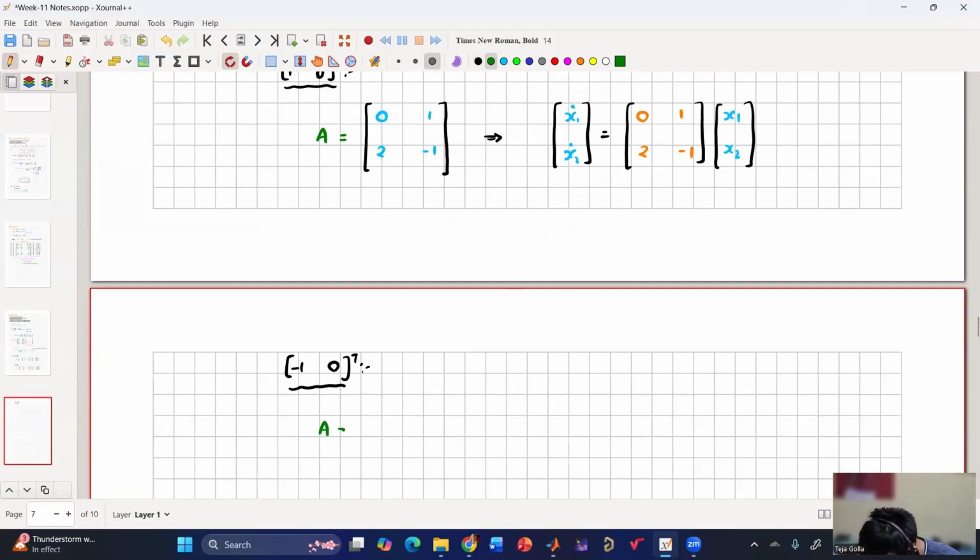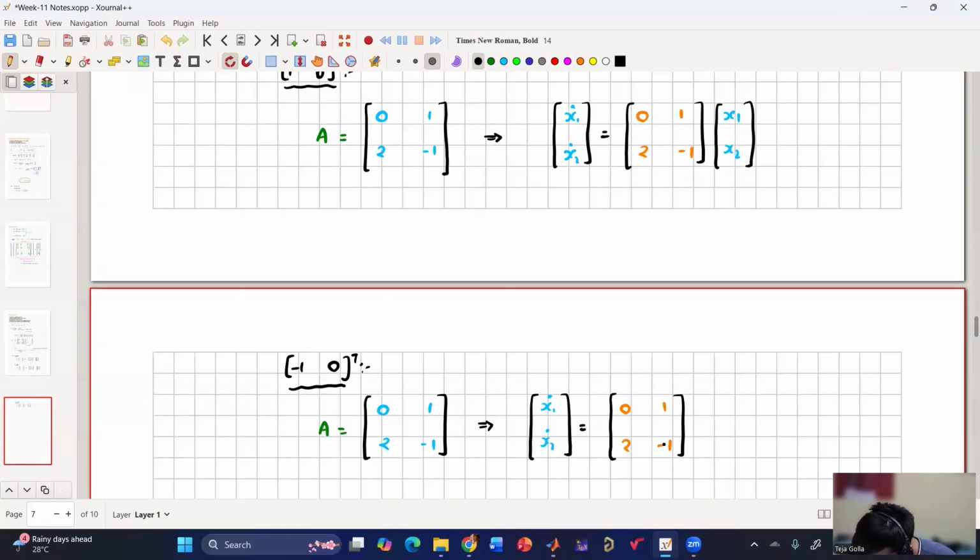A is nothing but 0, 1, 2, minus 1, because it is x1 squared, so whether it is plus 1 or minus 1, it is going to be the same. Now we have x1 dot and x2 dot equal to 0, 1, 2, minus 1, times x1 and x2.